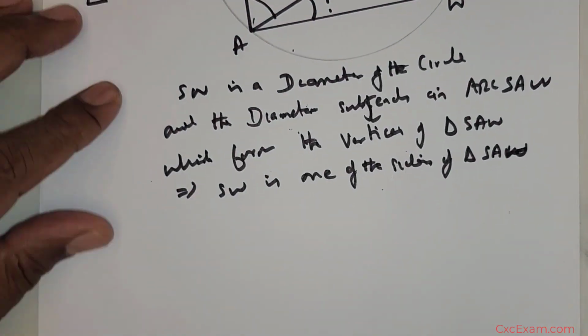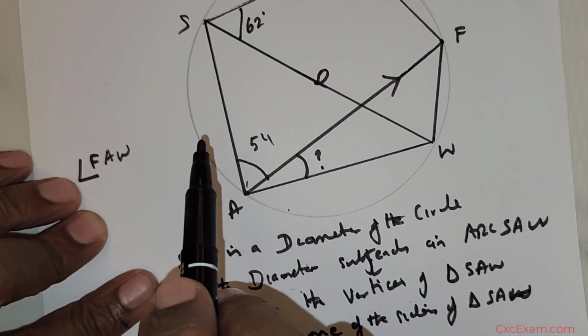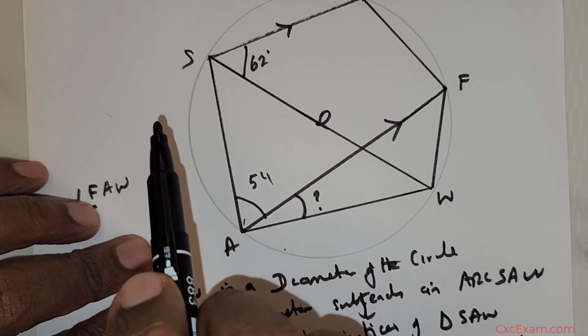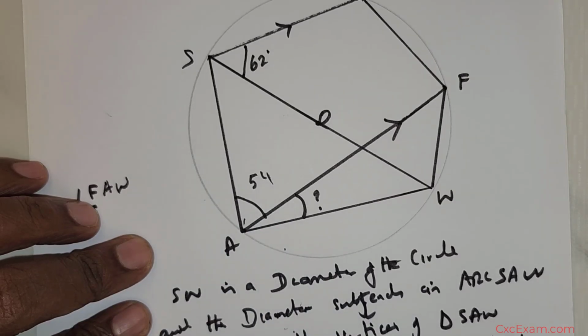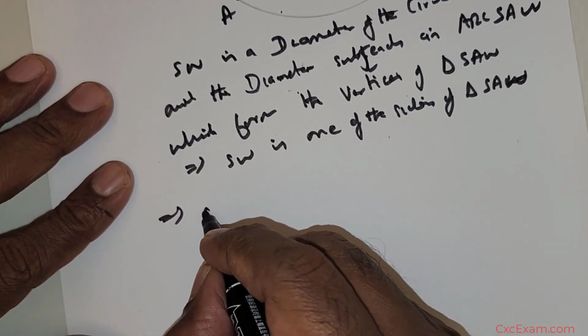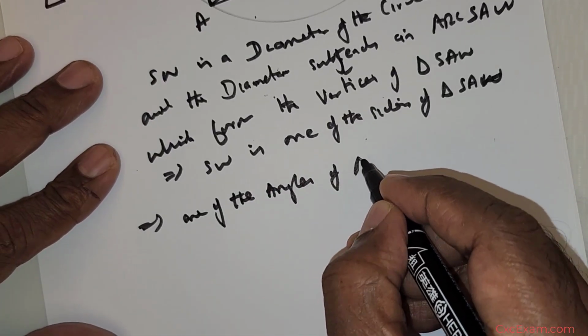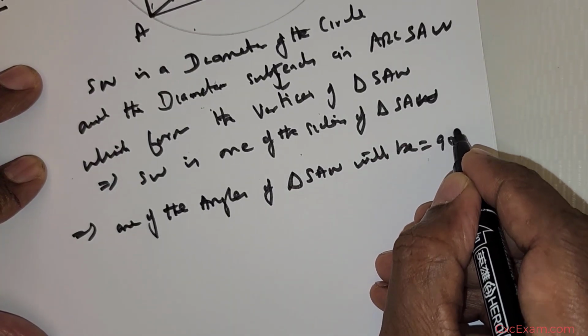Now whenever the diameter holds a triangle, in other words, a semicircle containing a triangle such that one of its sides forms the diameter of the circle, then this would mean one of the angles in triangle SAW will be equal to 90 degrees.